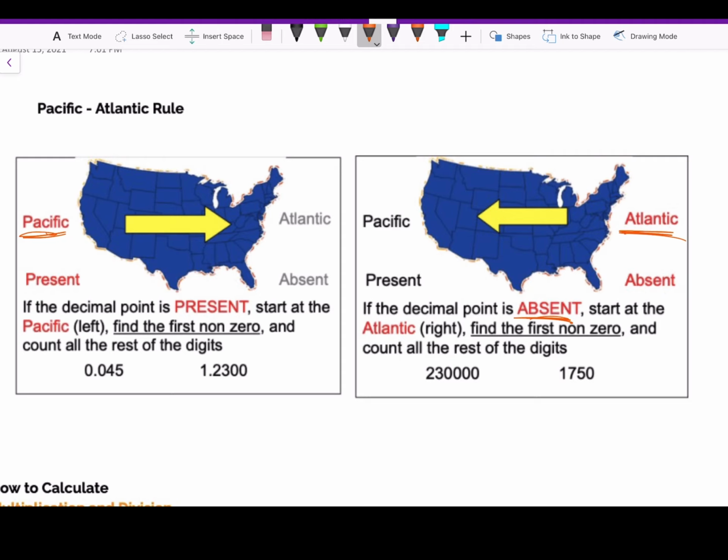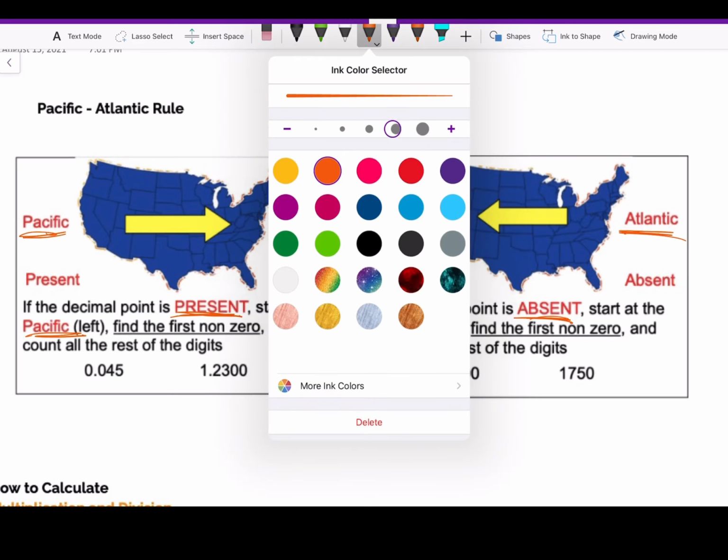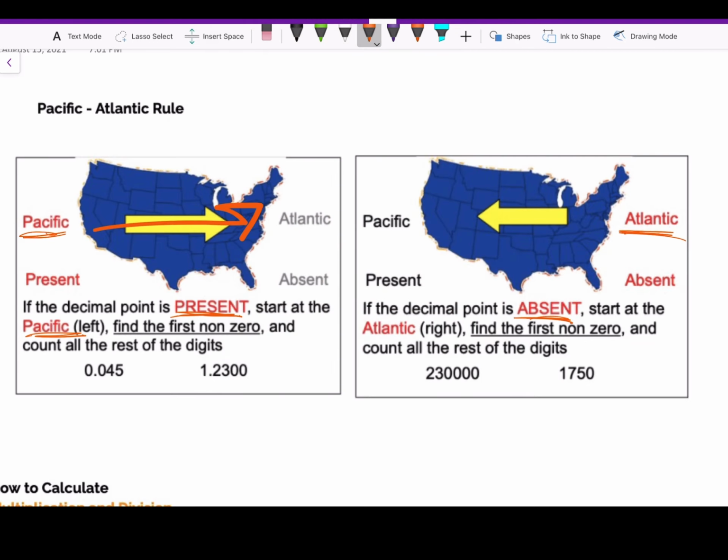If we have a decimal present, we start on the Pacific left side and move across until we find the first non-zero. Here's what this looks like. We're going to start at 0.0045. The decimal point is present, so we're going to start on the Pacific side and move across to the Atlantic side. We want to find the first non-zero. Well, that's 0 and that's 0.